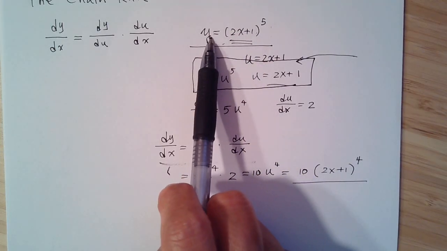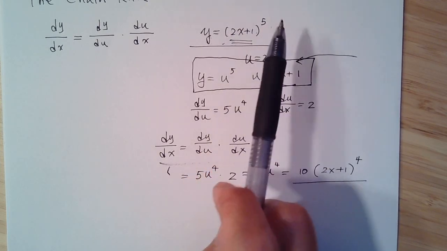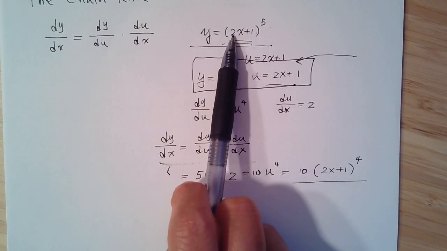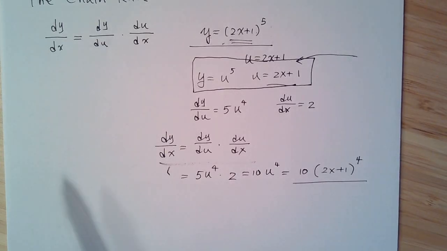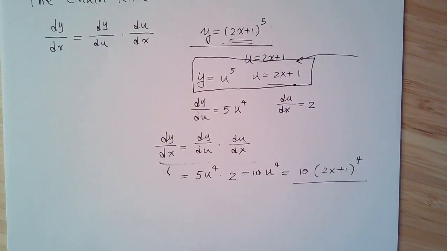So when you take y prime, you bring the 5 here, and you have this guy to the fourth, and then you multiply by the derivative of this invisible u with respect to x, so du over dx, and you get a 2 at the end. So you have a 10, and then 2x plus 1 to the fourth power. You can also get that easily if you want.